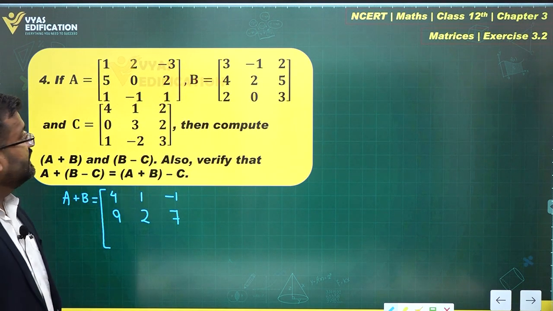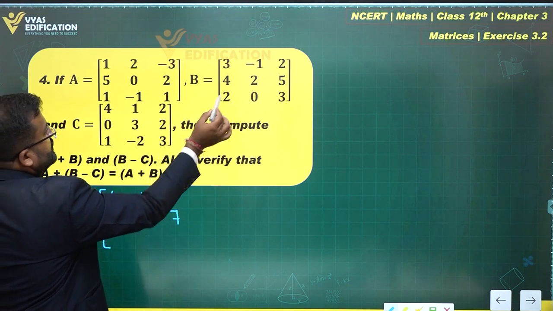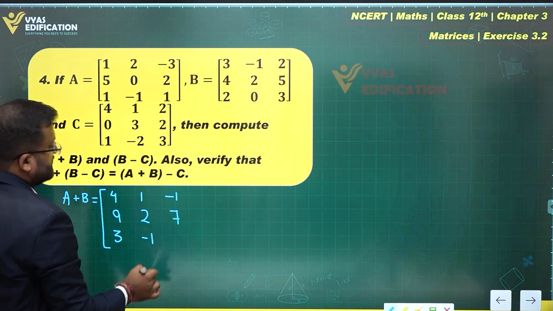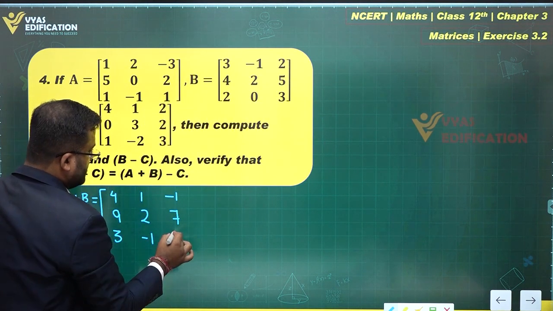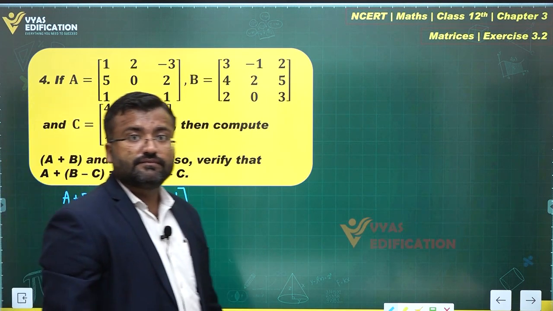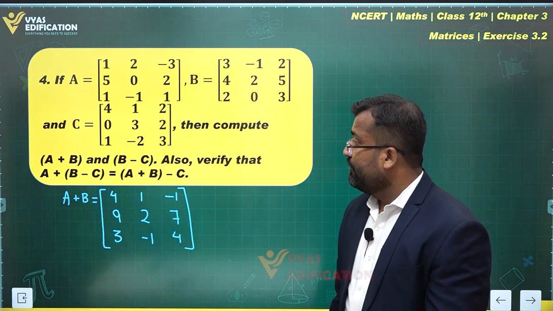That's simple. Then you have 1 plus 2, which is 3. Minus 1 plus 0, which is minus 1. Then you have 1 plus 3, which is 4. This is A plus B for us.